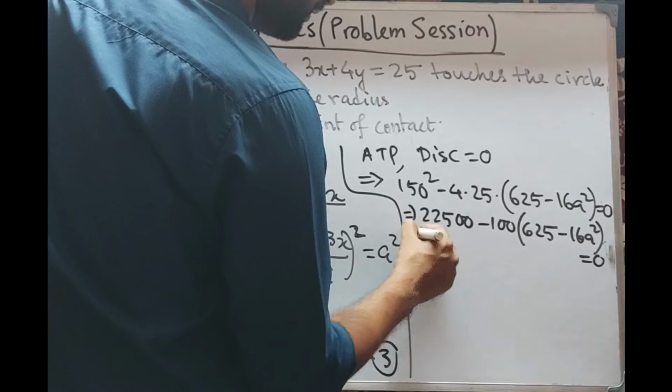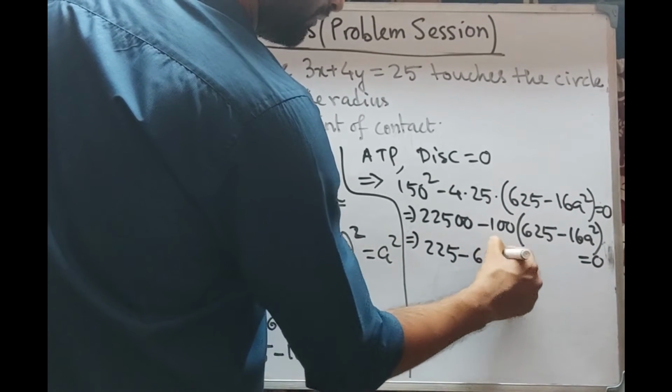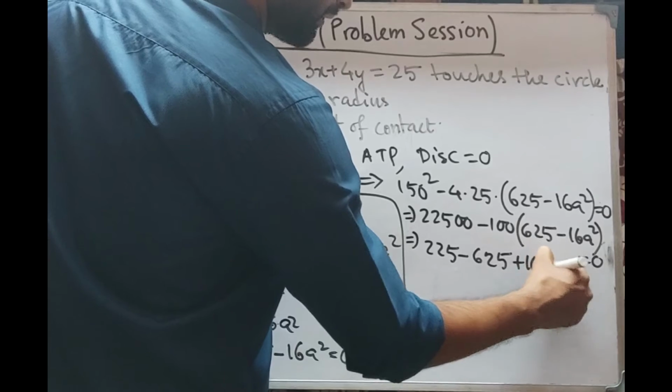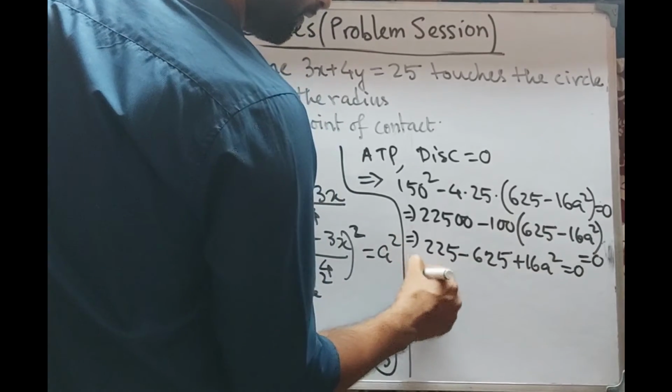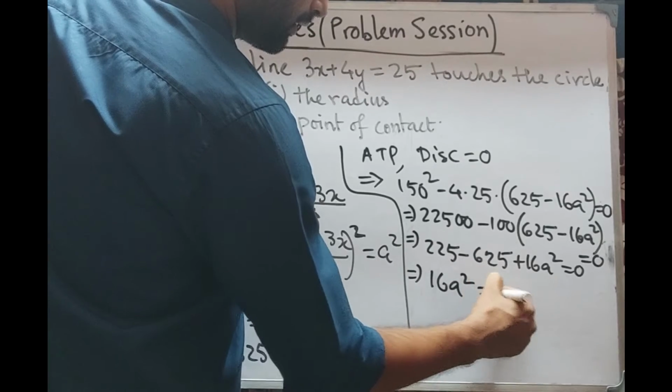That means 225 minus 625 plus 16a square equal to 0. That means 16a square is equal to 400.